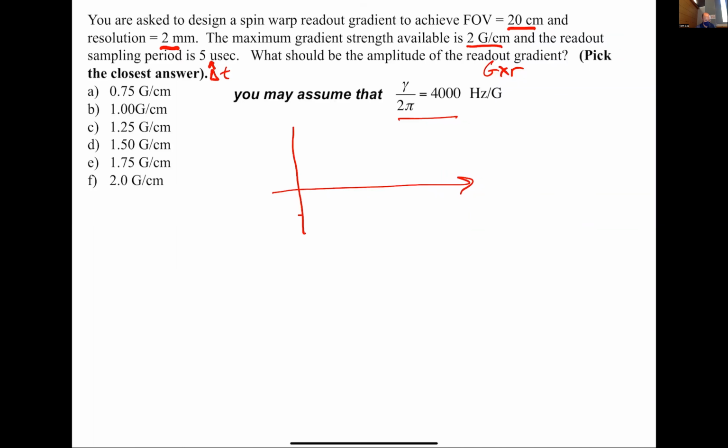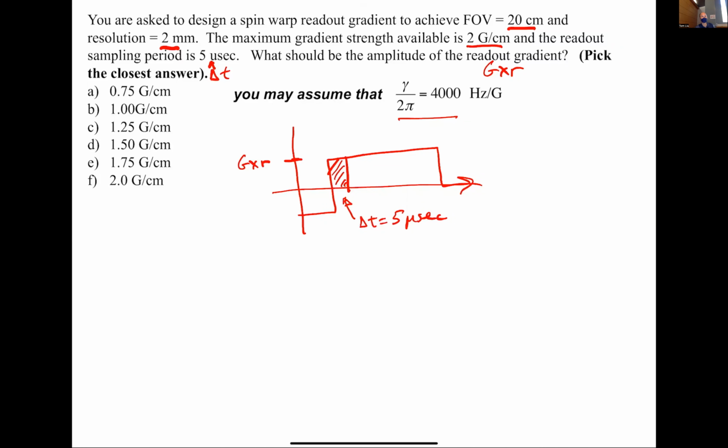So here, the readout gradient looks like this, right? And we're asked to figure out this GXR. We're given delta t equal to 5 microseconds. The GXR is really going to determine my delta kx.